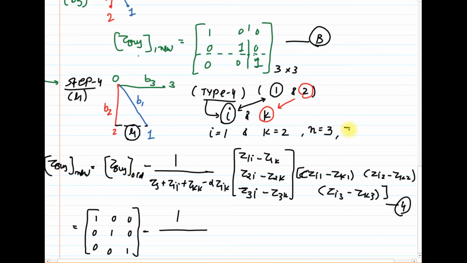If you wish, you can write it here also, ZS is equal to 1. So 1 plus ZII, I is equal to 1, so I can write Z11 plus Z22 as K is equal to 2, minus 2 into Z12. Clear?